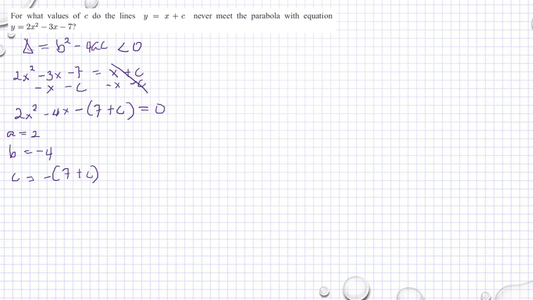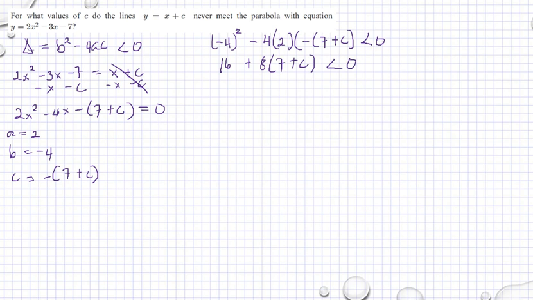Okay, so using our discriminant now, we have negative 4 squared minus 4 times a, which is 2, and c is negative 7 plus c, is less than 0. And we have 16, negative negative, positive 8 times (7 plus c) is less than 0.